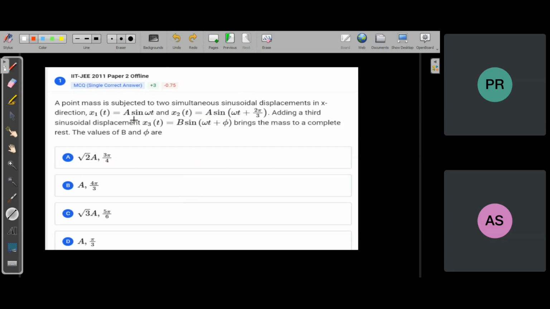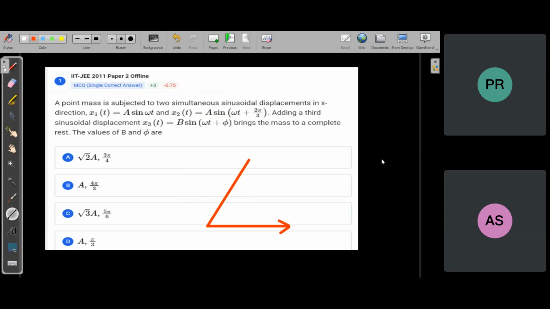Assuming the difference between them is a difference of phase, here omega t plus 2 pi by 3. Amplitude is the same. So if the first one is represented by a vector of amplitude A, the second one is also a vector of amplitude A, but the angle between them you will take as their phase difference.